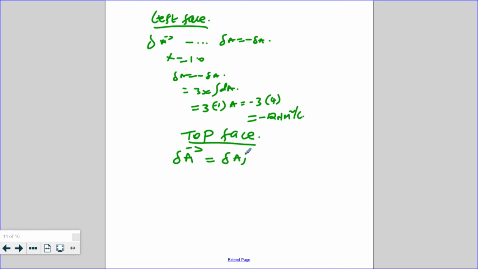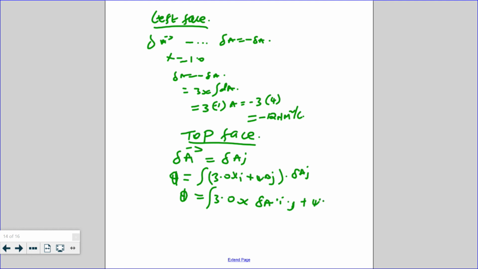Then our flux is the integral of 3.0x i plus 4.0 j times dA times j. So we obtain the integral of 3.0x dA times i dot j, plus 4.0 dA times j dot j.